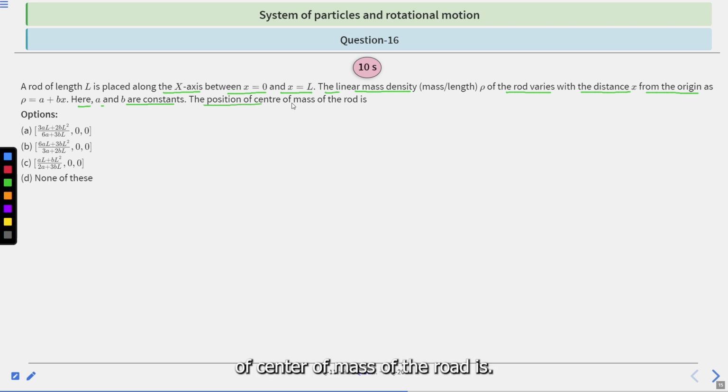The position of the center of mass of the rod is what? Given options are these. So which option is correct? Option A, option B, option C, and option D. Which one is correct? You have 10 seconds to solve this question. After 10 seconds, we will provide the solution.